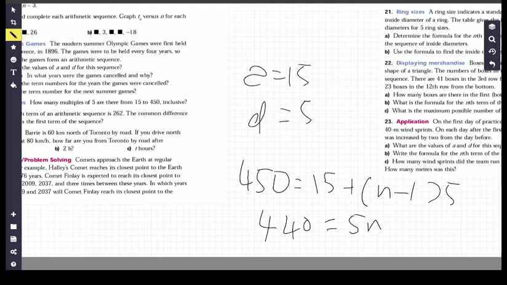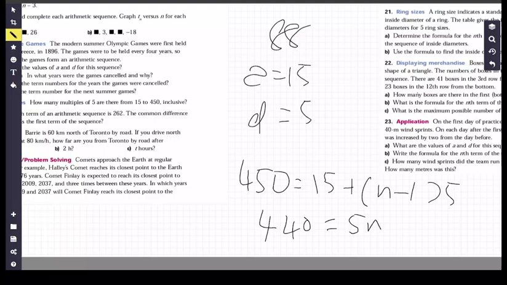Let's just divide 440 by 5. It's going to give you 88. So n is 88, so there's 88 terms from 15 to 450. So essentially 450 is the 88th term.